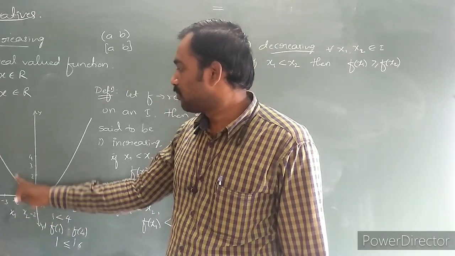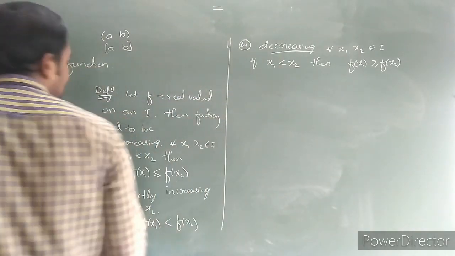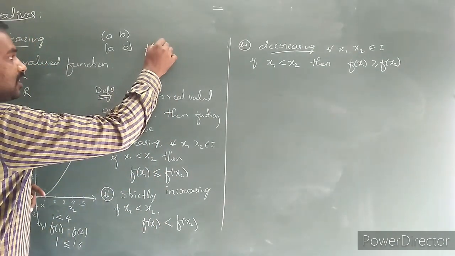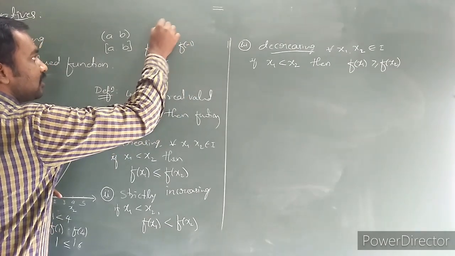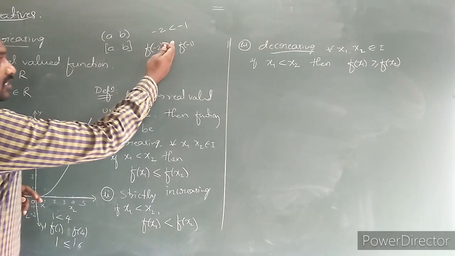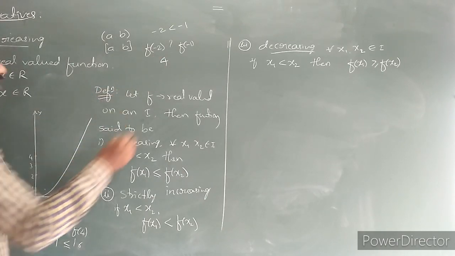F of x1 is 4. Similarly, I just write here f of -2 and f of -1. -2 is less than -1, x1 is less than x2. We need to decide which inequality comes here. F of -2 is 4 and f of -1 is 1.